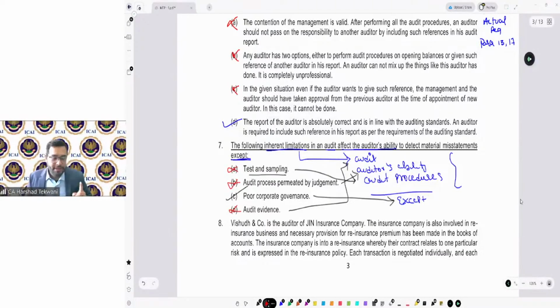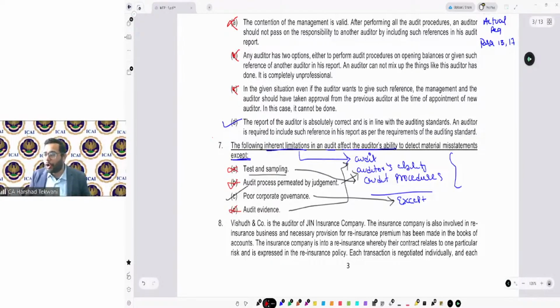The question is: which inherent limitation in an audit affects the auditor's ability to detect the material misstatement, except. Except means which is the area that does not affect. If there is an inherent limitation in the audit evidence, meaning I am not able to get appropriate audit evidence, it will affect my ability to detect material misstatement.